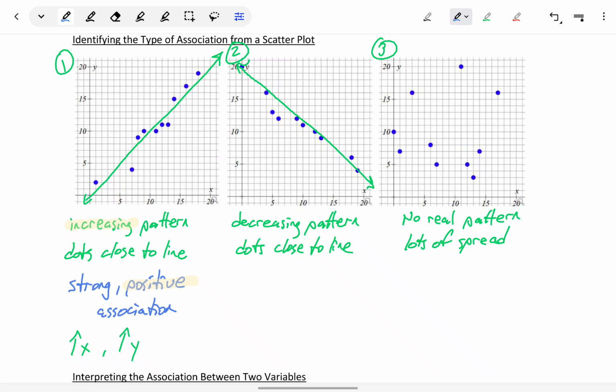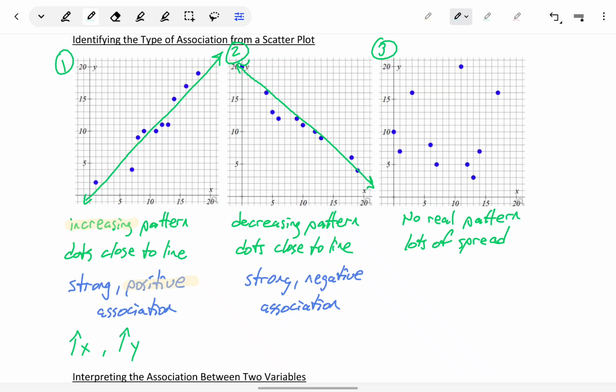In graph 2, we have this decreasing pattern, still with points close to that straight line pattern. We refer to this as a strong negative association. In lots of contexts, positive means good, negative means bad. In this case, that's not how we're using those words.